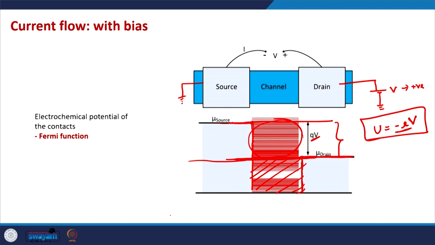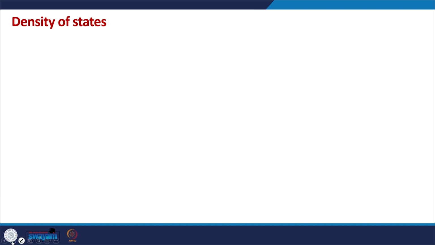So, the source is pumping electrons into these electronic states and the drain is pulling out electrons from these energy states, and that is how the conduction basically takes place in a two terminal device. Okay. So, this is what we will understand, but before going into more details of this, let us begin with the idea of density of states.